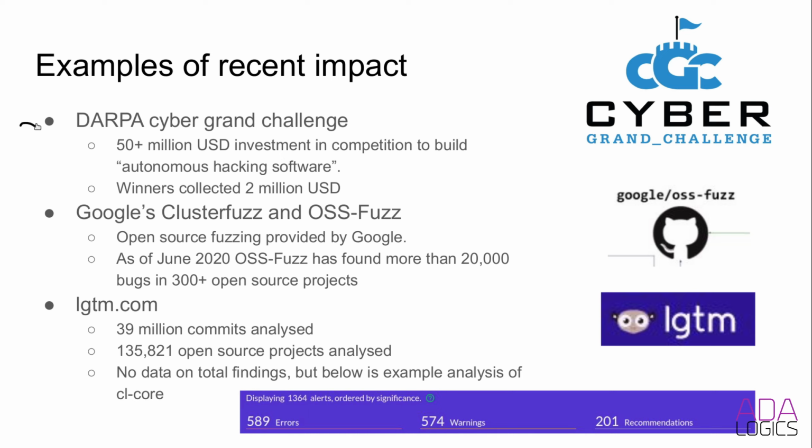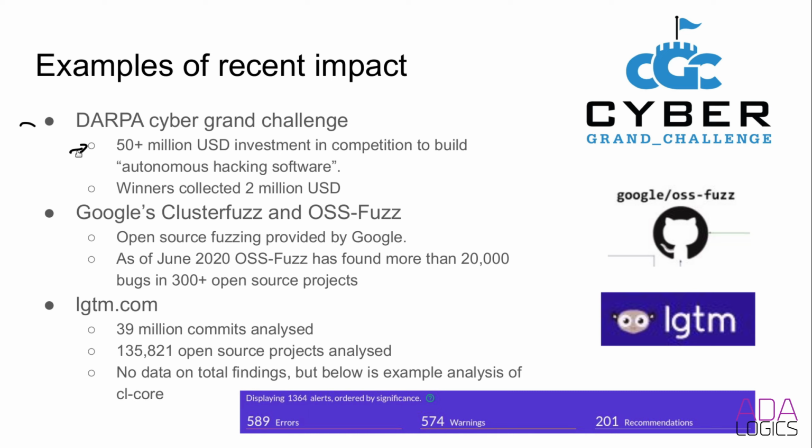The first one is the DARPA Cyber Grand Challenge, which was a DARPA-funded tournament around 6-7 years ago, where I think more than $50 million US were invested into this competition. The goal of this competition was essentially to build an automated hacking system.